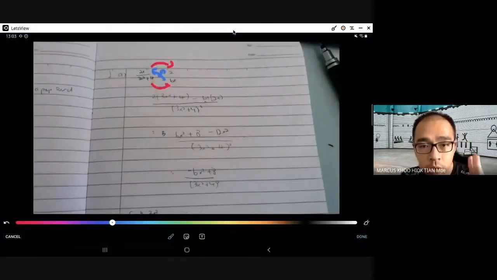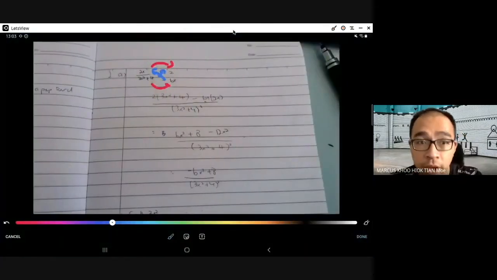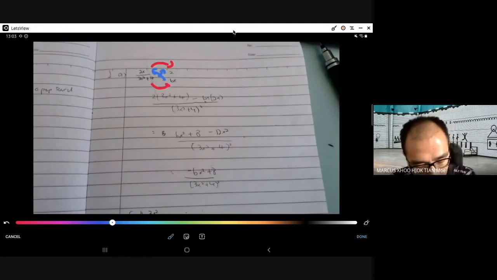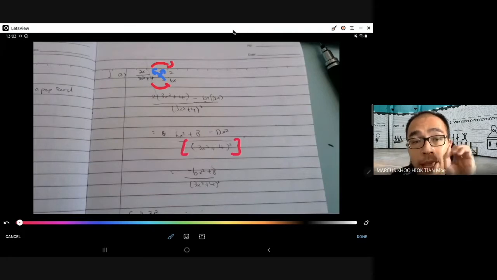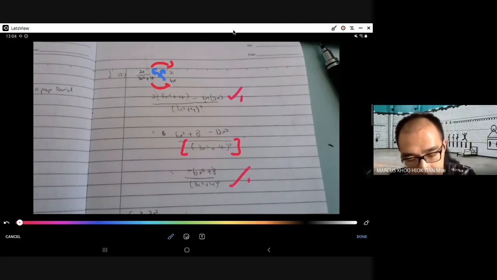Just one thing to note, this is for everybody. What Pandas did here is correct. Remember that when you're differentiating, the bottom here, don't touch it. So don't expand it. Leave it as it is, exactly like how Pandas is doing it. So this is 1 mark and then of course this is 1 mark.